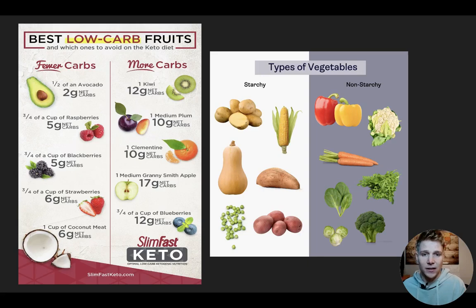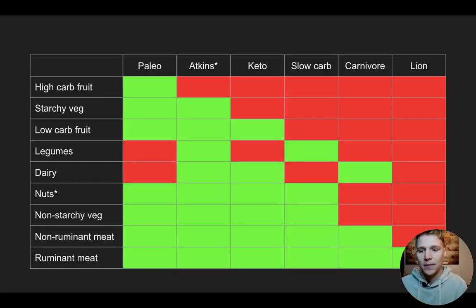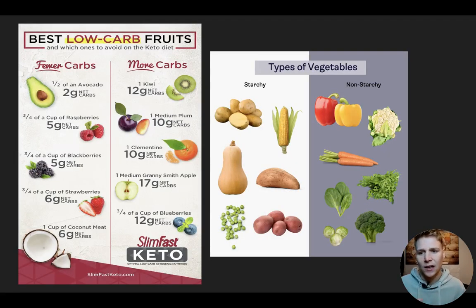Oh, and I forgot to mention, I should have put this slide before really, the different kinds of fruits. You can see on the table here, we've got low carb fruit and high carb fruit. Low carb fruits include avocados, raspberries, blackberries, strawberries, and higher carb are kiwis, plums, oranges, apples, bananas as well. To be honest, I thought blueberries were low carb.